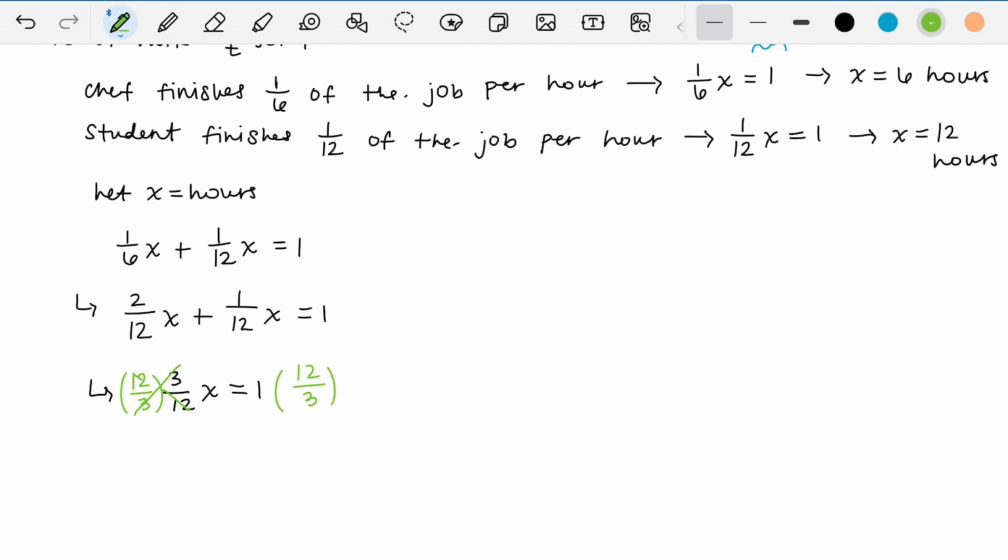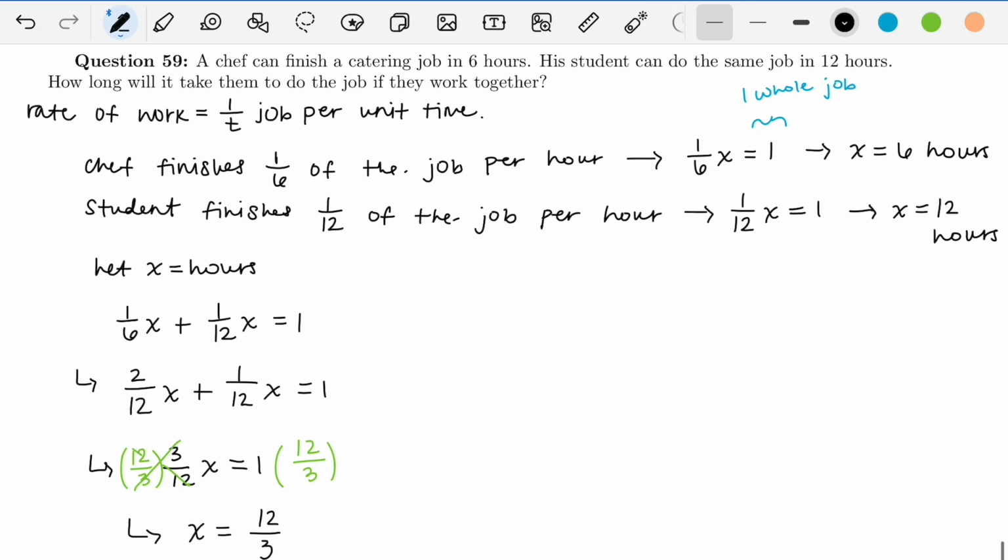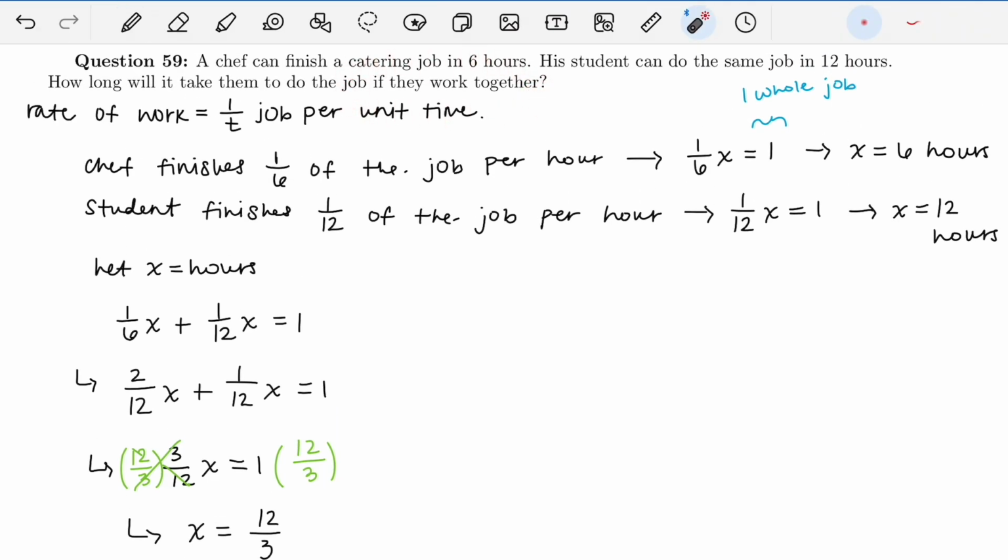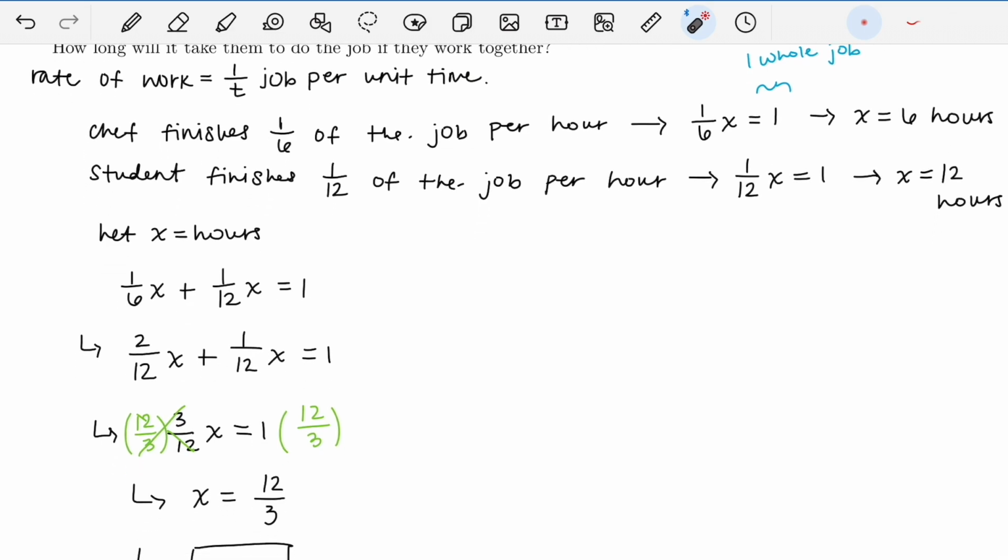So we're going to multiply the right-hand side by 12 over 3. So on the left-hand side here, we've got x completely isolated. And on the right-hand side, we're going to have 12 over 3, which is the same thing as 4. So that means it's going to take 4 hours for the chef and the student to work together to finish one catering job.